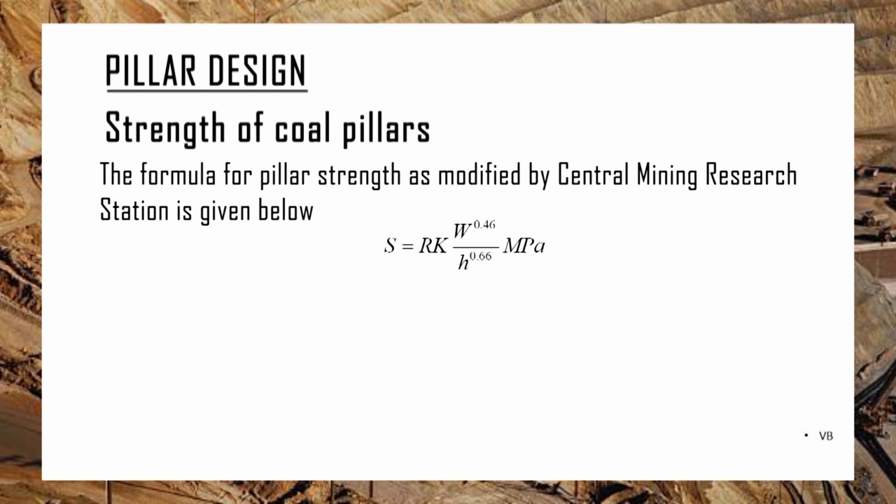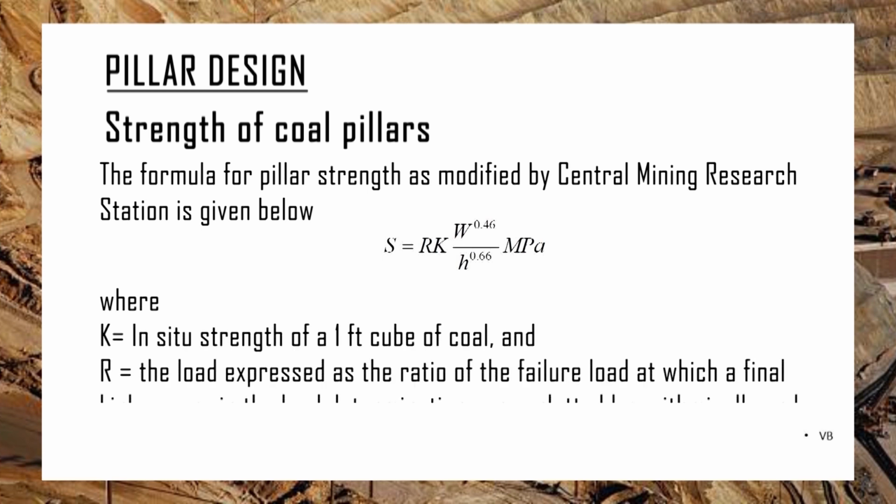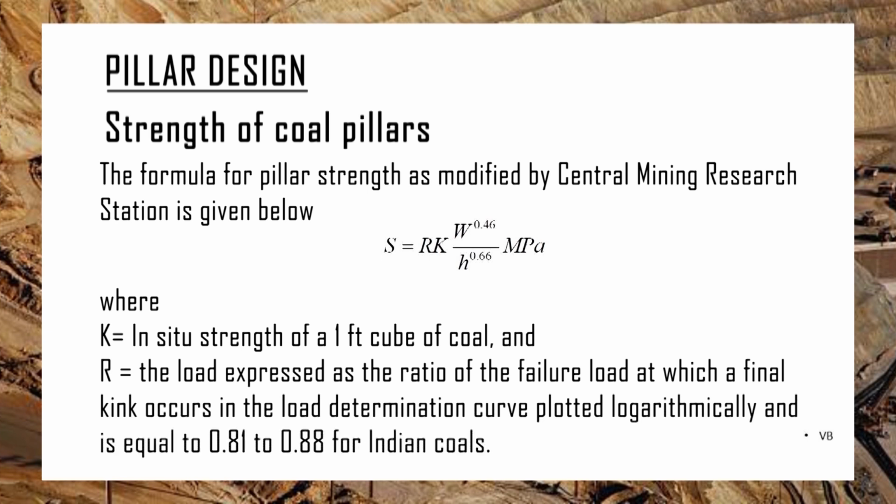S is equal to R K W to the power 0.46 upon H to the power 0.66, in MPa, where K is the in situ strength of a 1 foot cube of coal, and R is the load expressed as the ratio of the failure load at which a final kink occurs in the load deformation curve plotted logarithmically, and is equal to 0.81 to 0.88 for Indian coals.